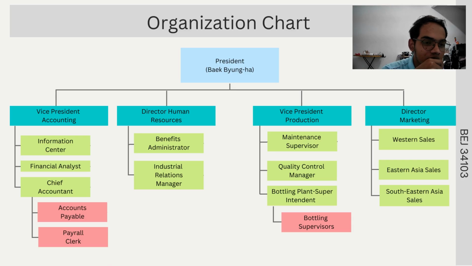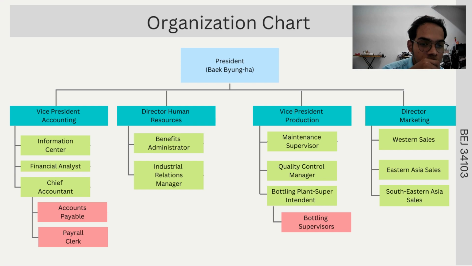Next is the organization chart. There is the president, Baek Byung Ha. Under that, there are the vice president accounting, director human resources, vice president production, and the last one is director marketing.